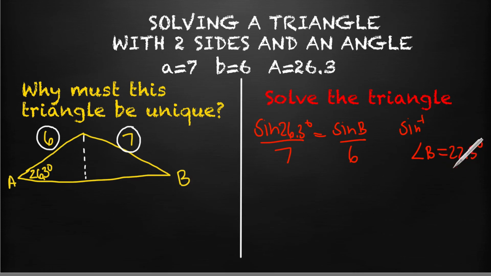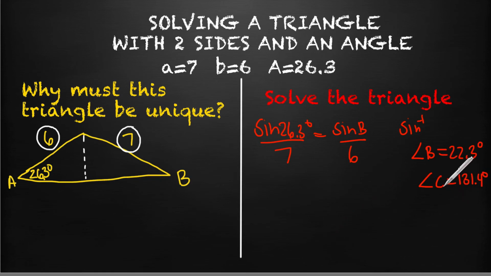And so if we take 22.3 degrees and add it to 26.3 degrees and subtract that from 180, we will get angle C to be 131.4 degrees.